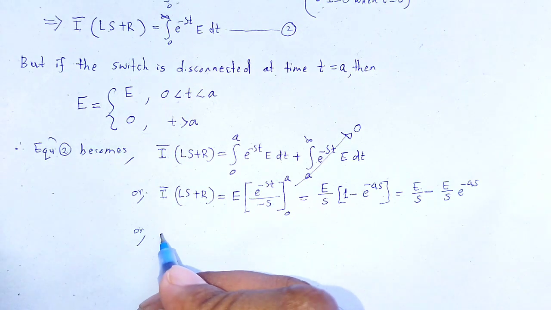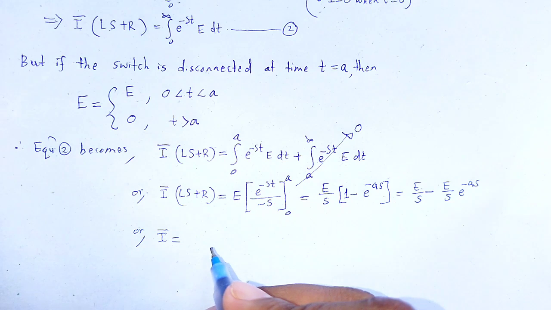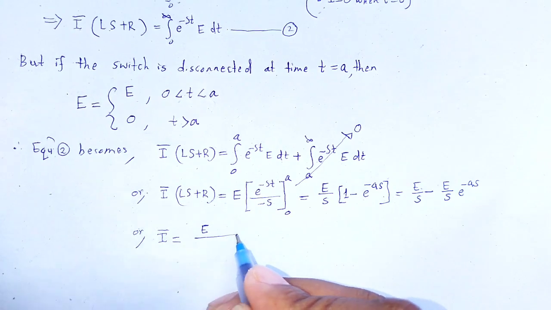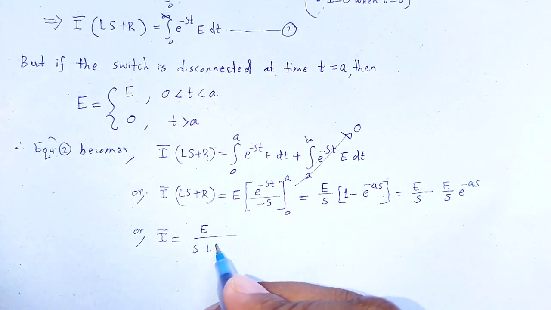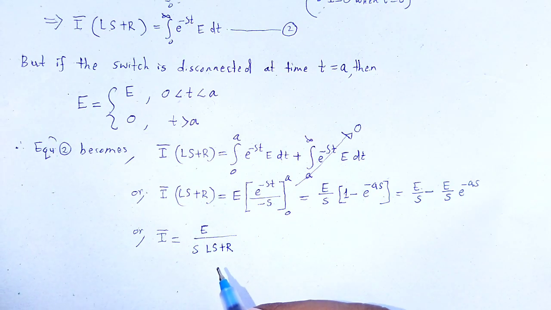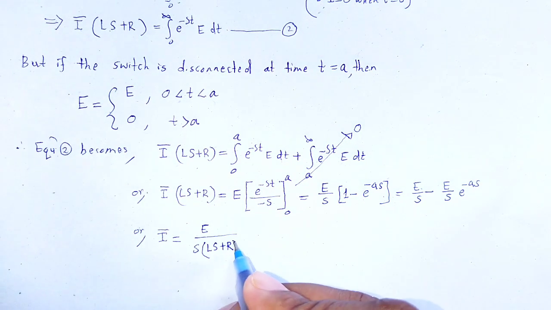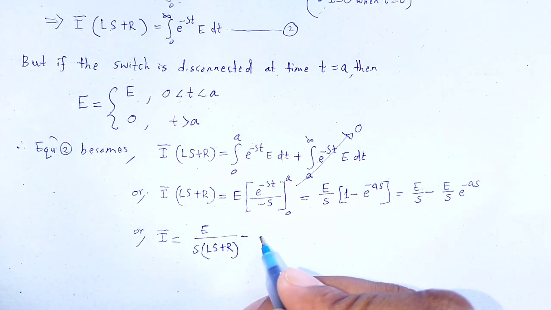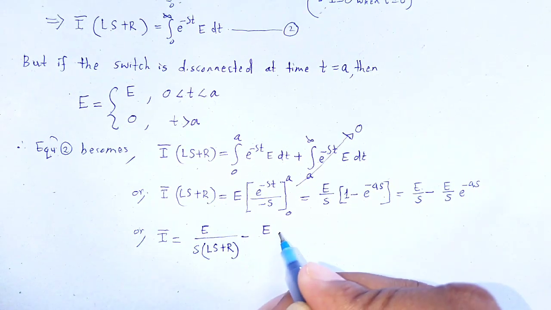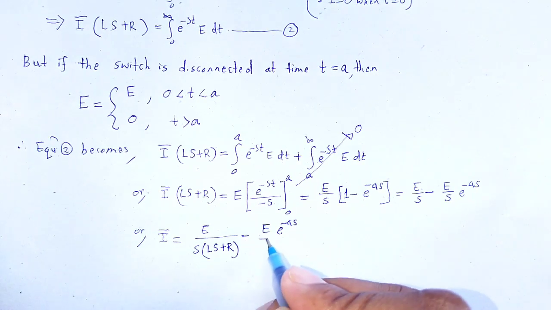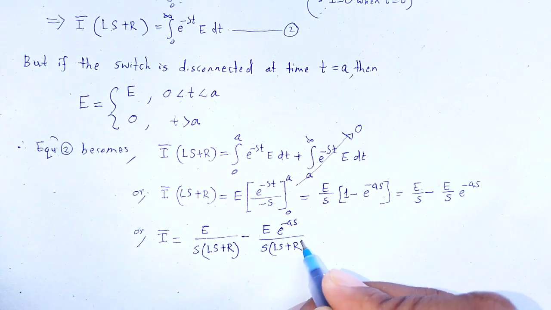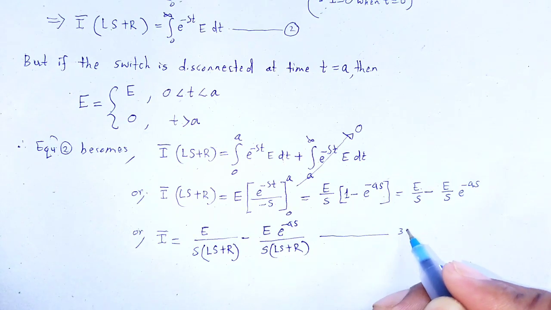Therefore, I bar is equal to E divided by s whole into Ls plus R, minus E into e to the power minus as divided by s whole into Ls plus R. Equation number 3.